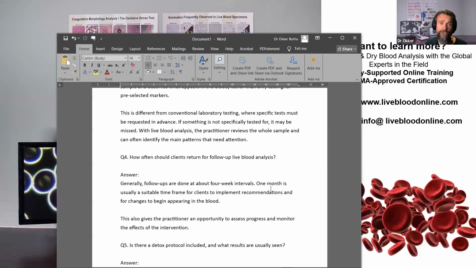Especially when there's a lot of aggregation and the blood's in quite a bad state, simply by giving the client a high dose of ionic minerals, we can see the cells separating within about 15 minutes. So some changes take place quite quickly, but in most cases the time frame is about every 4 weeks, which allows the system to start making changes and those changes to take effect, and then for us to retest to work out what the next step in treatment needs to be.